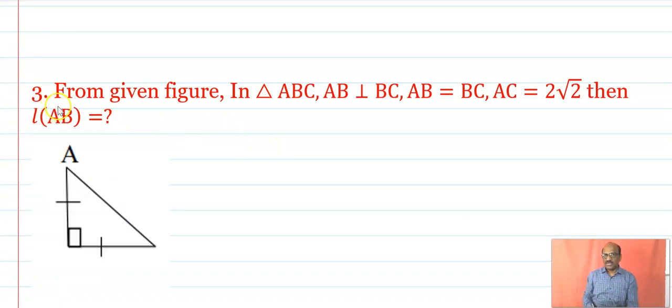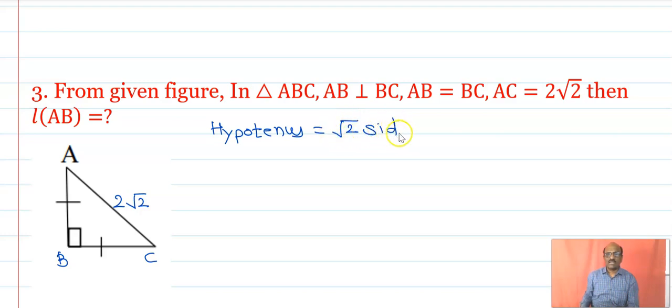Look at the next question. From the given figure, in triangle ABC, AB is perpendicular to BC, and AC is equal to 2 root 2. In the case of a square and a right angle isosceles triangle, the hypotenuse is equal to root 2 into side.